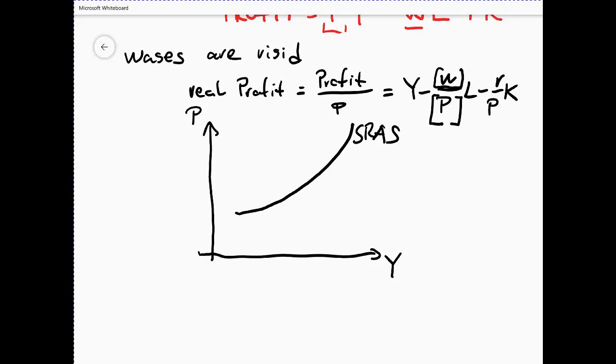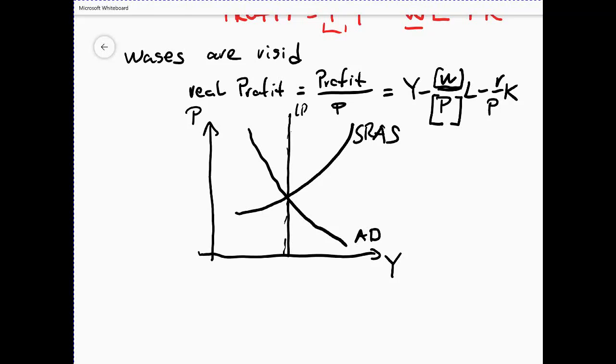There are different ways in which you may experience a change. So let's look now at the effect of a demand shock on the economy, and then you will see how the SRAS is going to play a role here.